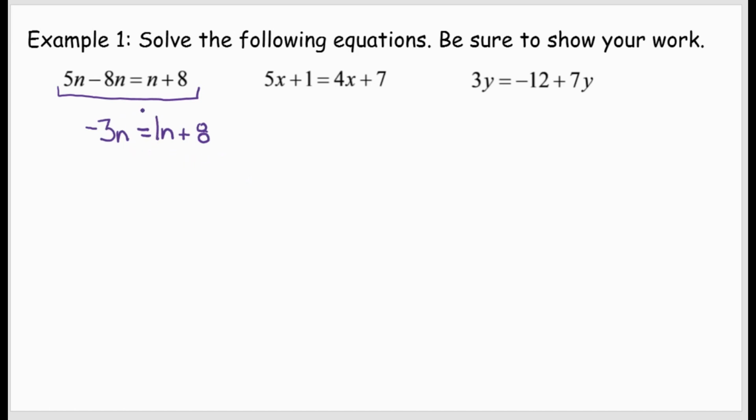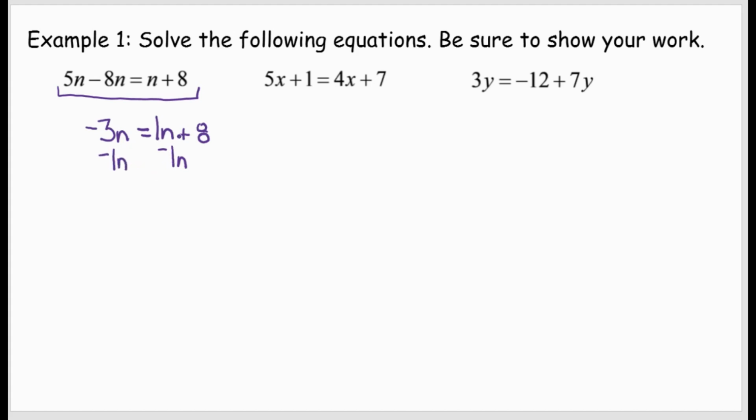I notice that there are variables on both sides of the equation. I have a choice to move minus 3n over to the right side, or I can move 1n over to the left side. Because of this constant plus 8 being on the right side, I'm going to choose to move the variable that is on the right side.